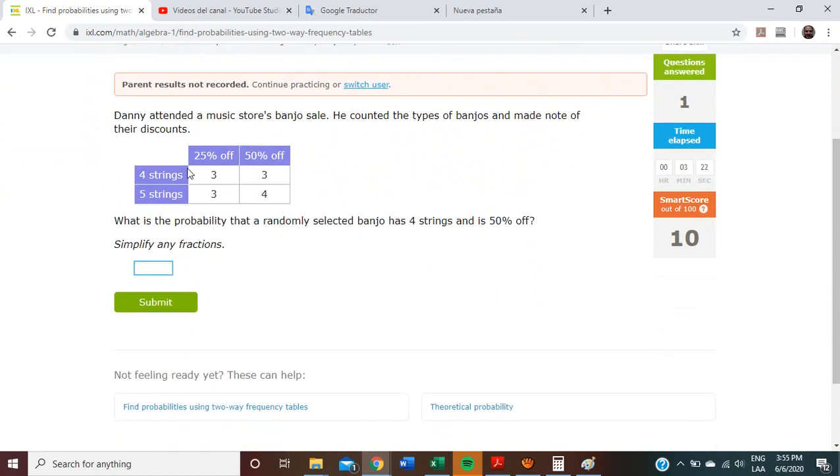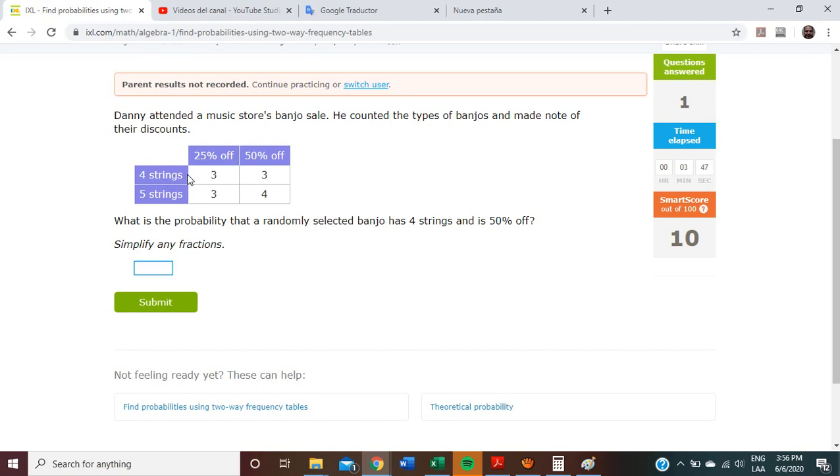Okay, now we are here in the second. Well, that one was kind of tricky, but this one looks a little much easier. Okay, Danny attended a music store banjo sale. He counted the types of banjos and made note of their discount. So there are banjos that have 4 strings, and there are banjos that have 5 strings.